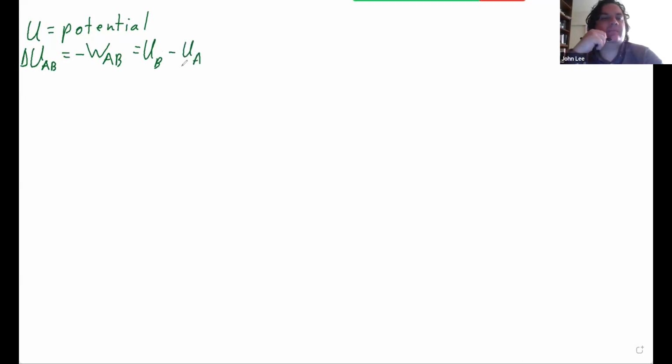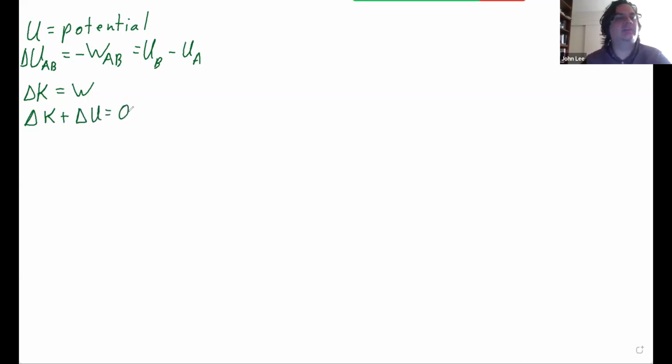So basically, we had delta K equals work, and what we have instead now is delta K plus delta U equals 0, which means that K plus U is equal to some constant which we're going to call the energy.